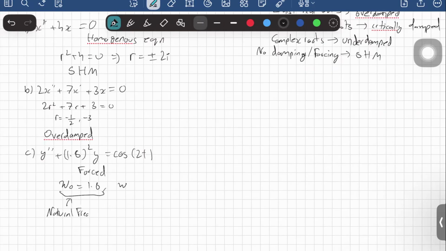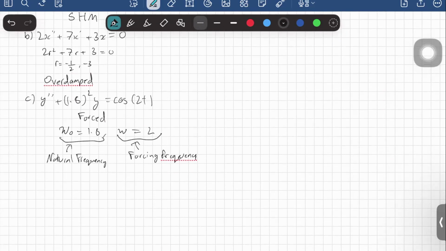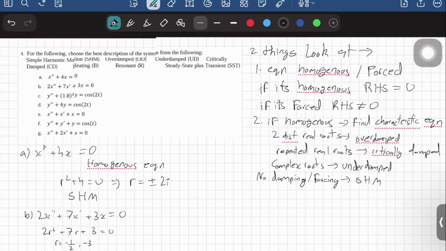And omega is equal to 2; this is our forcing frequency. You can see that these are close, but they're not equal. Since these are not equal, this is what we would call a beating equation.